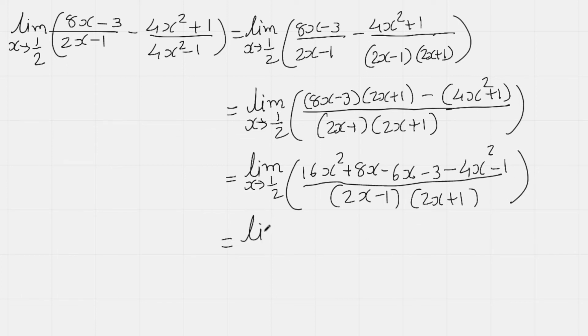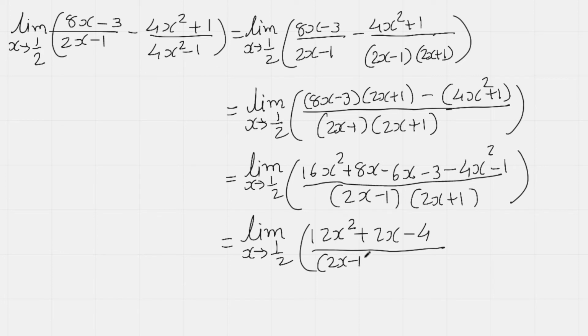Now let us simplify the numerator. So 16x square minus 4x square is 12x square. 8x minus 6x is 2x. And negative 3, negative 1 is negative 4. And let us keep the denominator as it is.